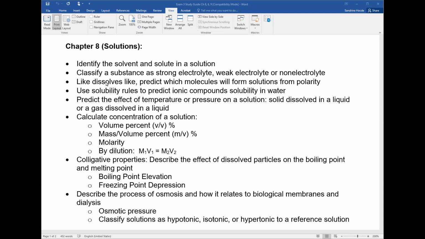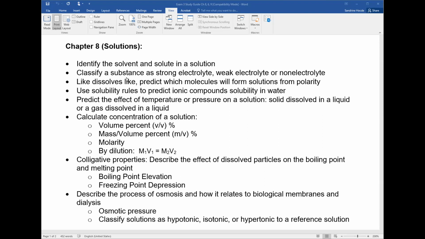For example, if you have a solution of isopropyl alcohol at 70%, that's the solvent, and it would be 30% water. So water would be the solute.